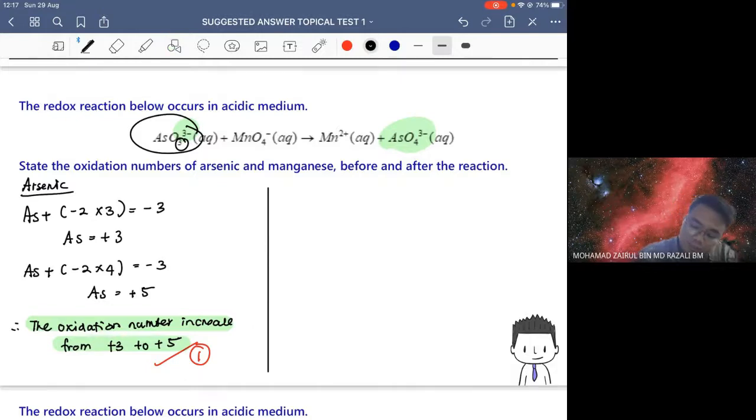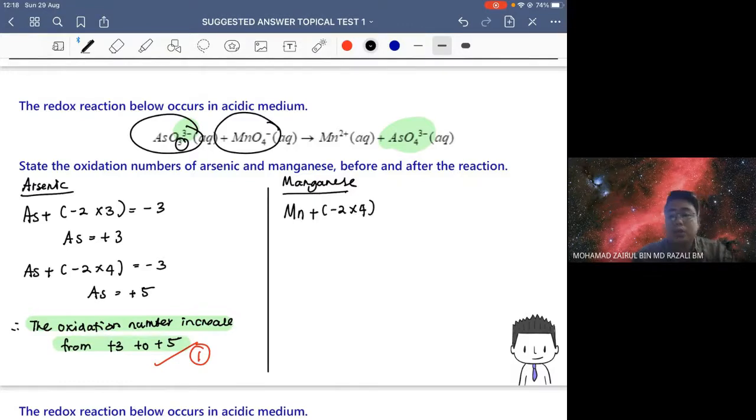Okay, kita cari pula untuk manganese. So manganese before is MnO4 minus. So Mn oxygen -2, kita ada 4 oxygen multiply by 4. So since MnO4 minus is a polyatomic ion, so the total oxidation number must equal to its charge, -1. So manganese, if you calculate, awak akan dapat +7. Okay, after ni monoatomic, so mesti sama dengan charge after lah +2.